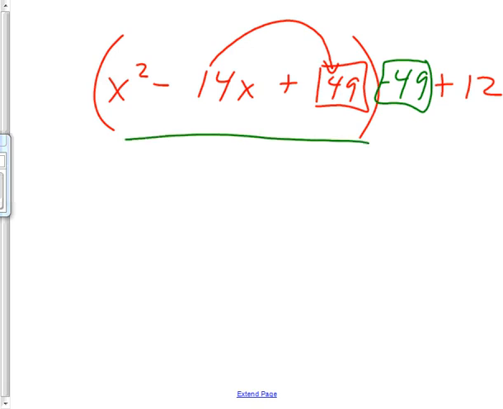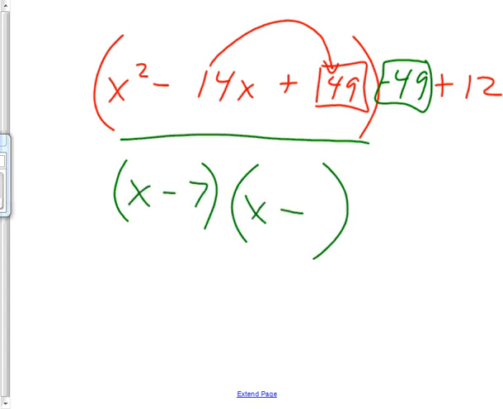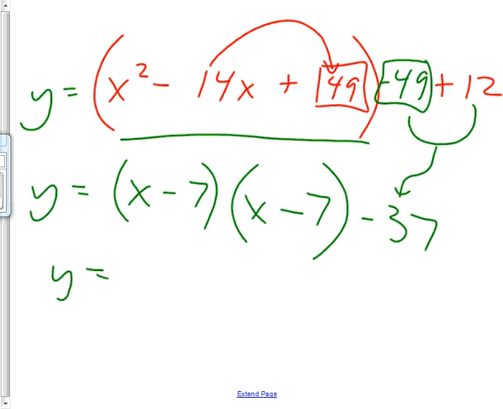Then this part here is your perfect square, just like you wanted it to be: x minus 7 and x minus 7. And then this part here just gets added together: negative 49 plus 12 is negative 37. So this guy's vertex, I'm going to write it with a y so it's an equation: y equals x minus 7 squared minus 37. So the vertex would be 7 comma negative 37.